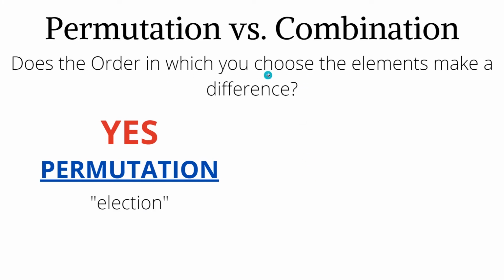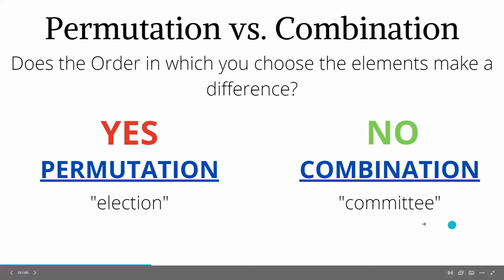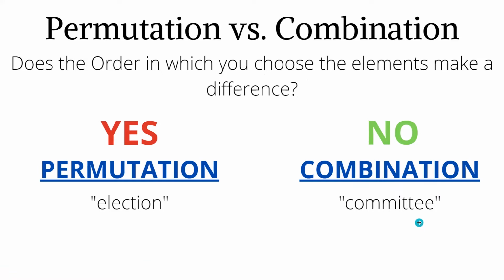But now if you ask this question and you answer no, then you are looking at a combination, and it's more like a committee problem. Okay, so those are your 2 big things. Now it is possible that it could be both of them. It could be both a permutation and a combination, or it could be neither of them. So we'll look at some of those examples here in a minute.